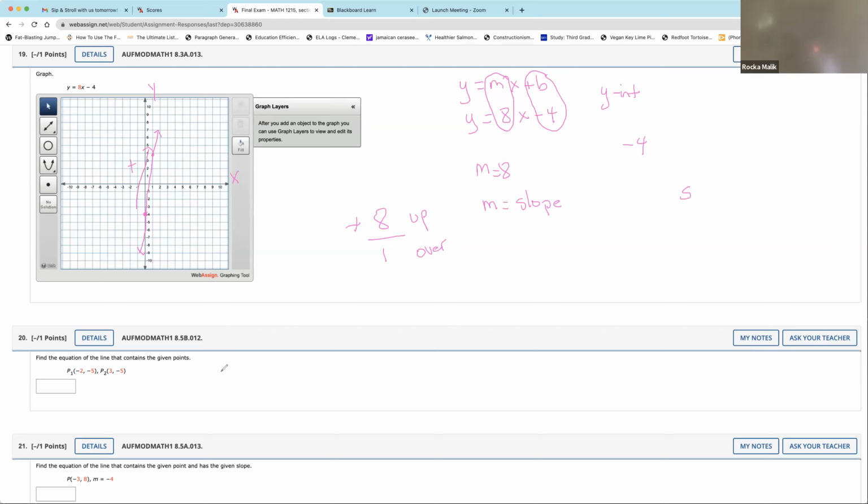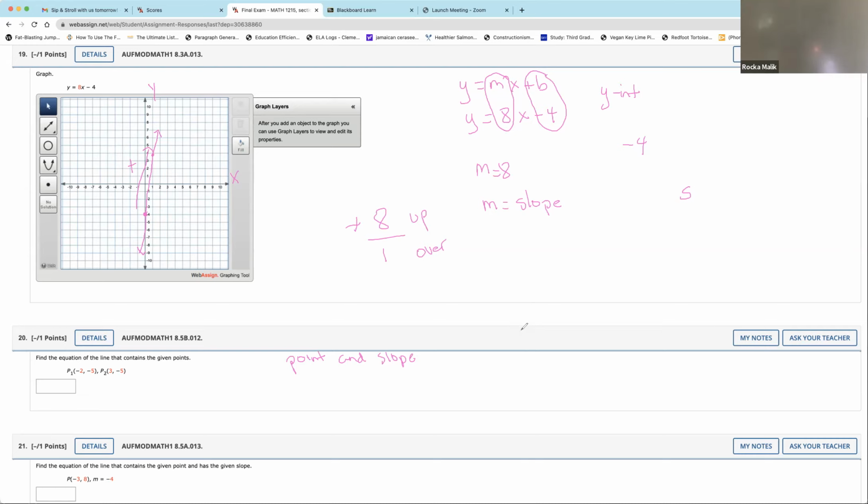Okay. Find the equation of the line that contains the given points. To write the equation of a line, I need a point and I need the slope. Right now, I just have 2 points, so I'm missing the slope.